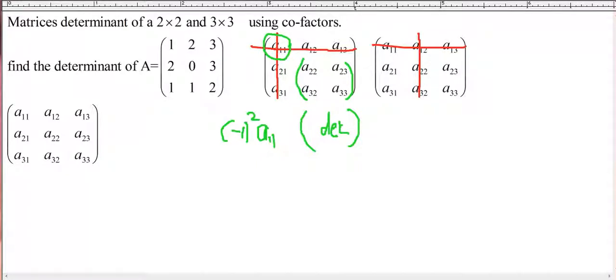So as we can see here, our line intersects at A12. So we are going to use that A12, and then we multiply it with the determinant of the 2x2 matrix, which is this one. As you can see, it is this, and this, this, and this.